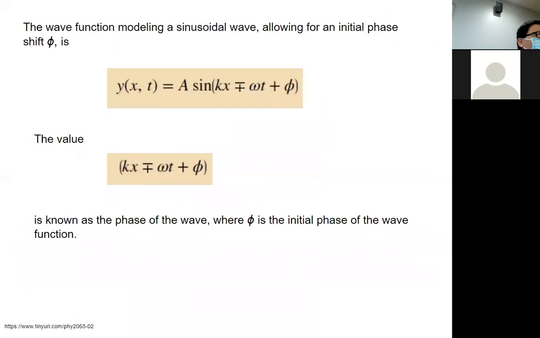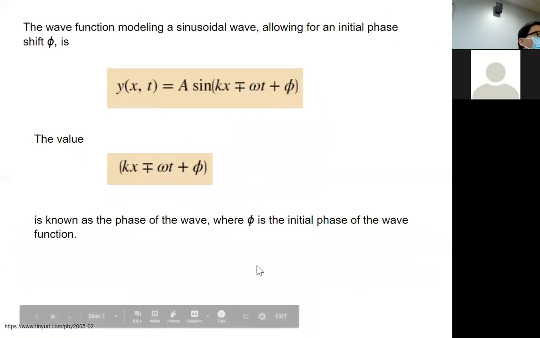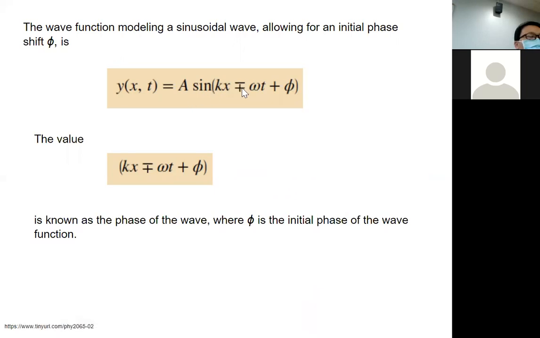All right. So then for the wave function in general, if you take sine here, it's sine of kx either minus or plus omega t, plus this phase shift. Okay. So this is the initial phase of the wave. Okay.